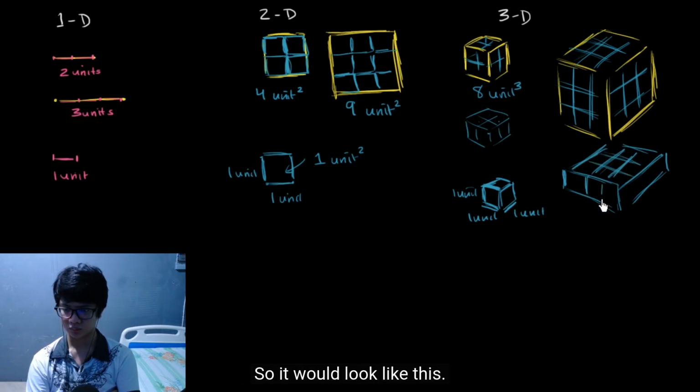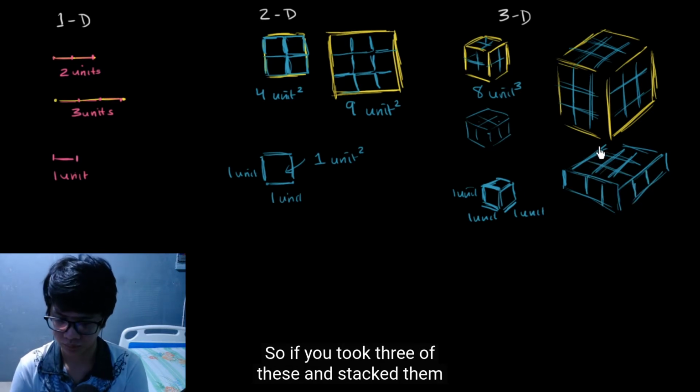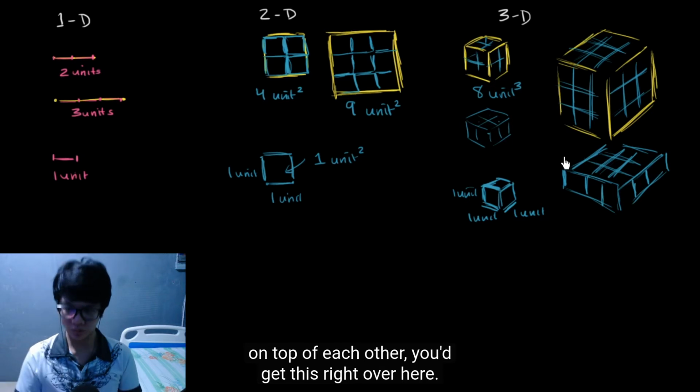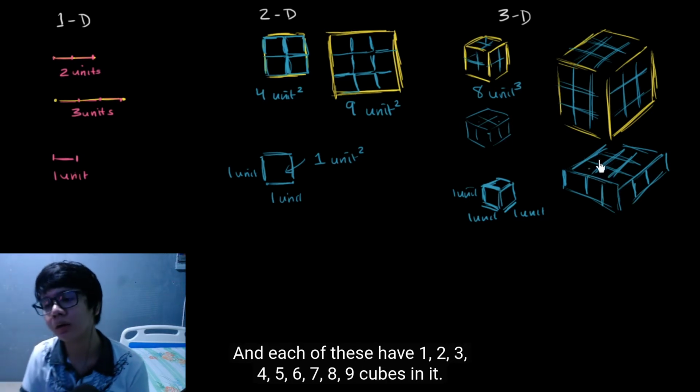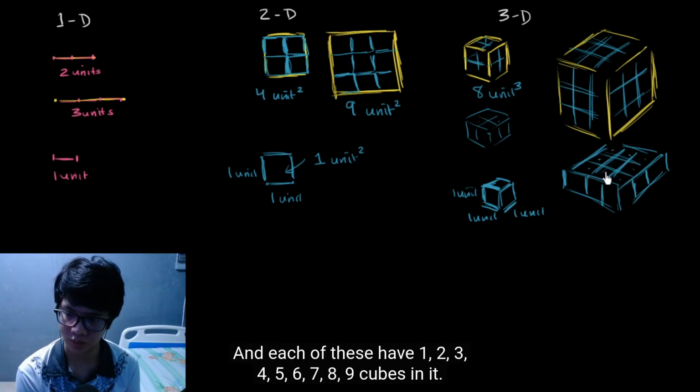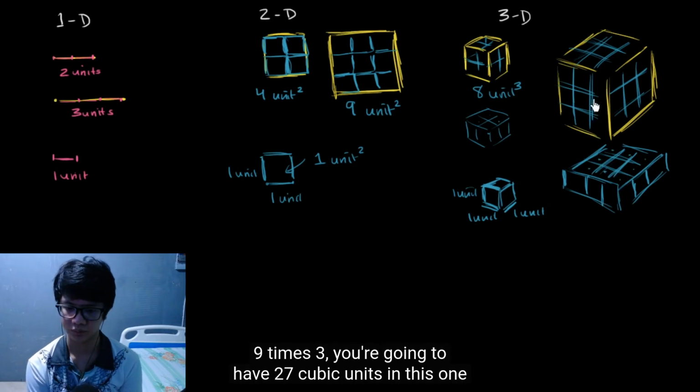So it would look like this. If you took 3 of these and stacked them on top of each other, you would get this right over here. Each of these has 1, 2, 3, 4, 5, 6, 7, 8, 9 cubes in it. 9 times 3, you're going to have 27 cubic units in this one right over here.